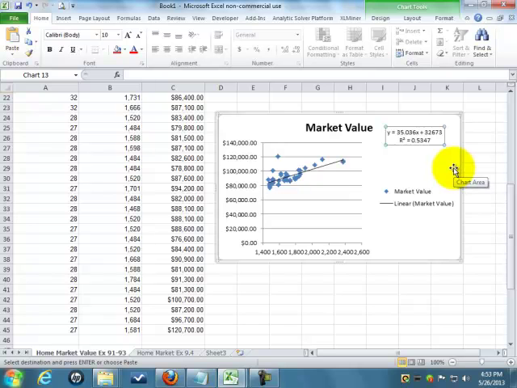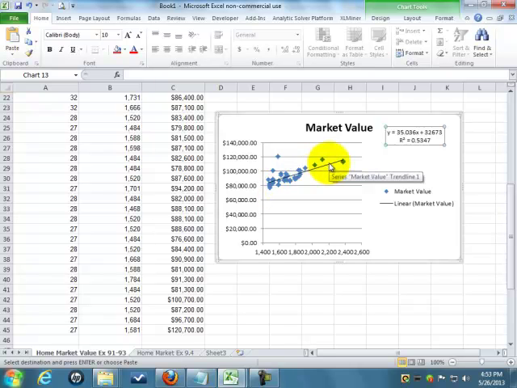So that's our y-intercept. Now, the r squared, remember, closer to 1 is a very good fit. This is not a great fit, 0.5, but not horrible either. So there's an equation, a linear trend line, a linear model.